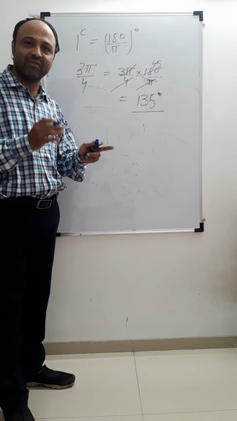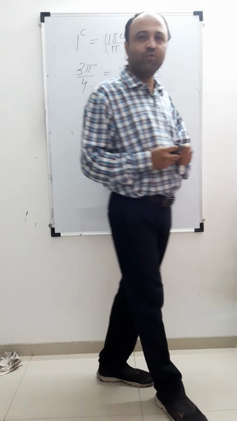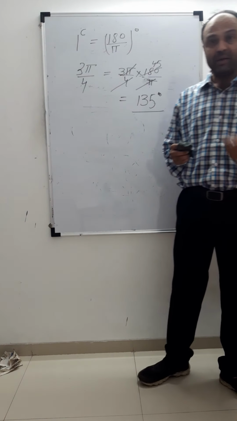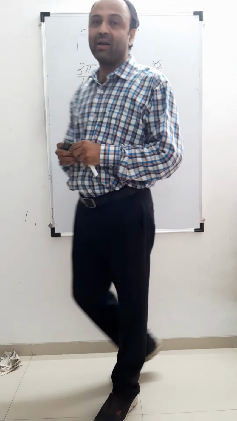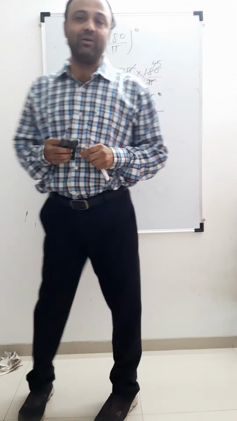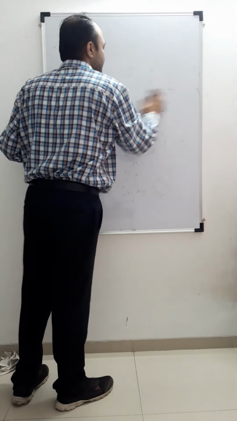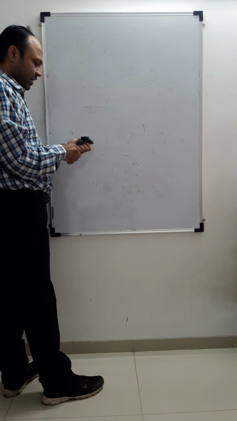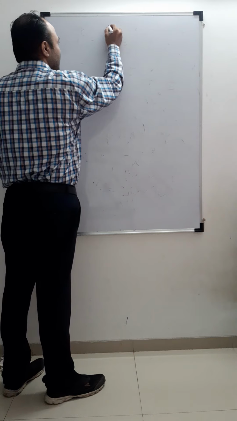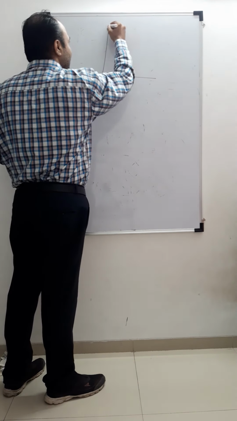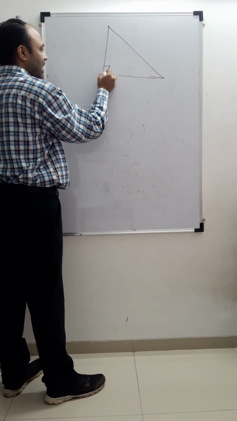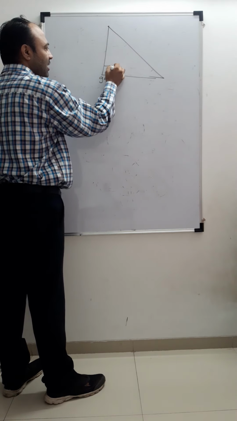Now we will move to our right angle triangle, from where we came to know those trigonometric ratios, and we will enter into trigonometry. All of you are aware, this is a right angle triangle whose one angle is 90, this one.